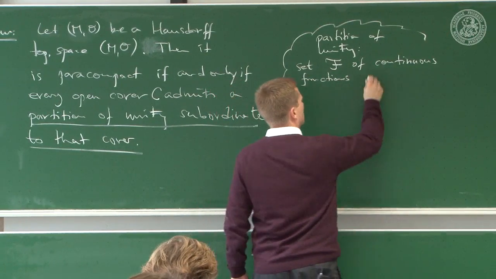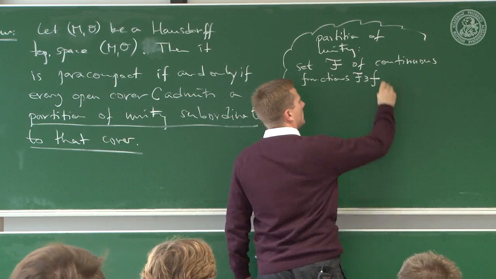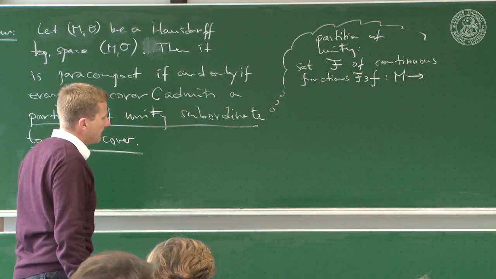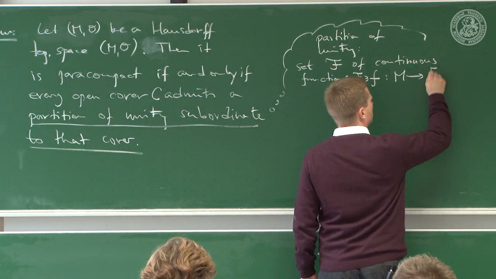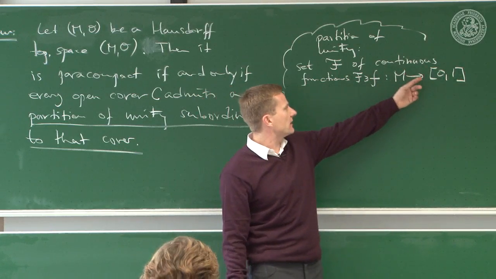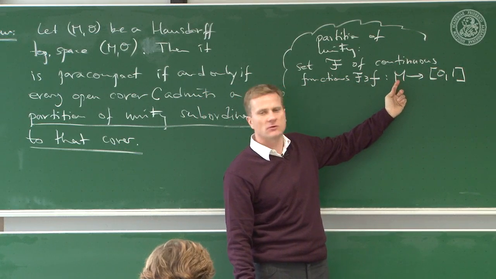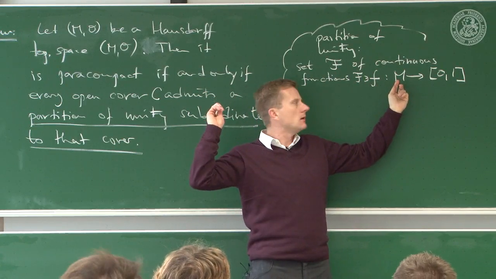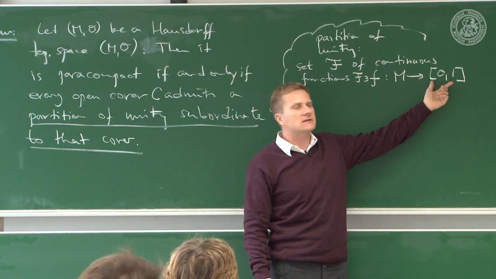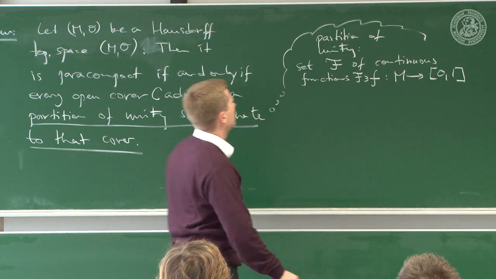Well, let's say one such f, small f, goes from M to [0, 1]. If I say continuous functions from M to [0, 1], obviously I can only speak of continuity if I know the topology on M. Well, I do. It's O. And I know the topology on the interval [0, 1]. Well, that's, of course, the induced subset topology from the real line, because I said nothing different.